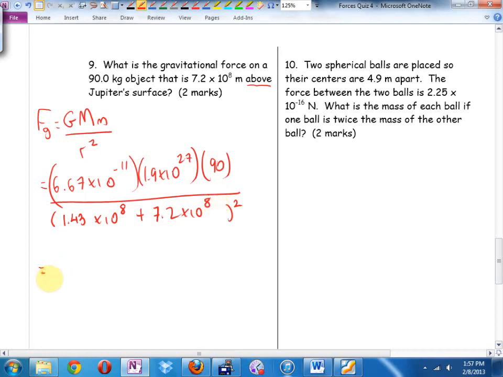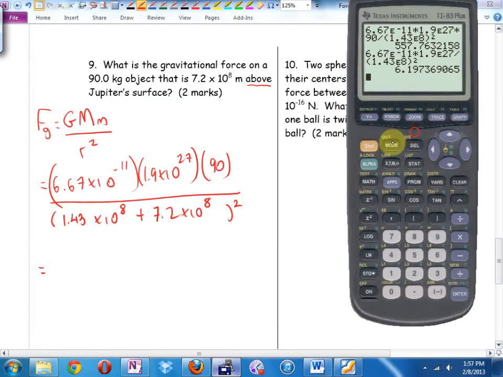Now, if instead of saying altitude or above, I tell you it's at an orbital radius, I have already added the two together. You don't need to add the radius of the planet. Meanwhile, I can almost use exactly the same calculation, right? I've got the 6.67, I've got the 1.9 times 10 to the 27th.